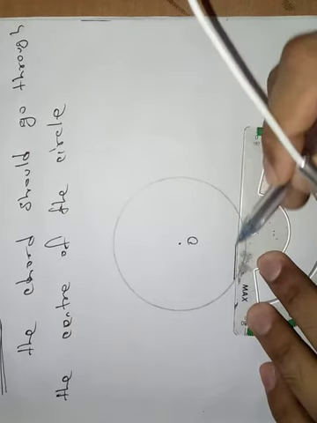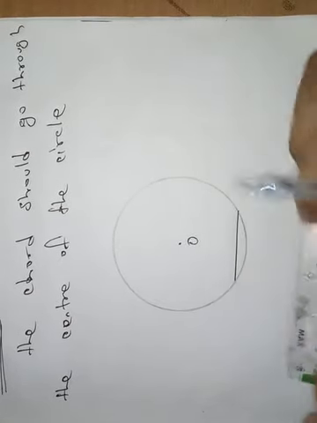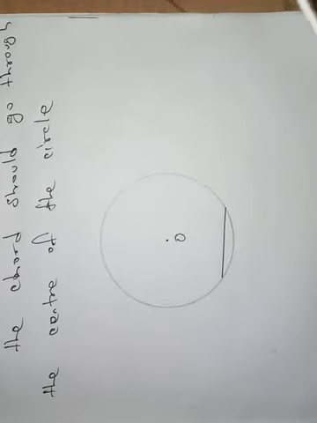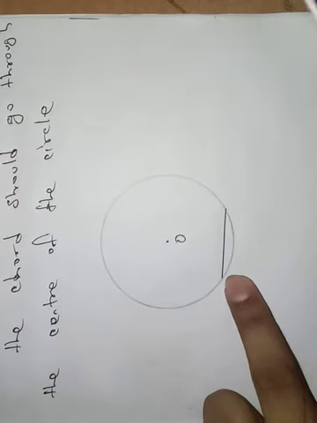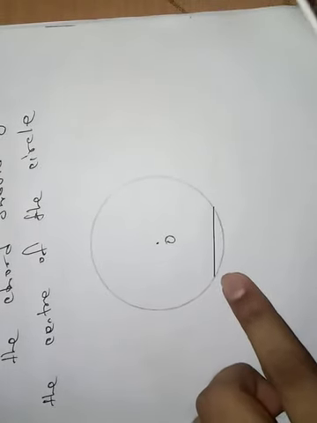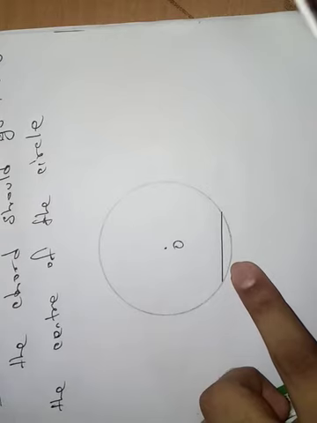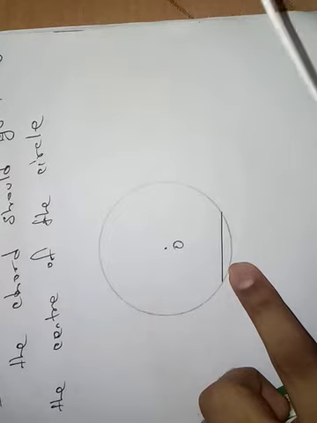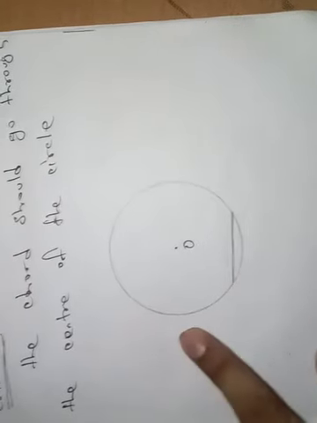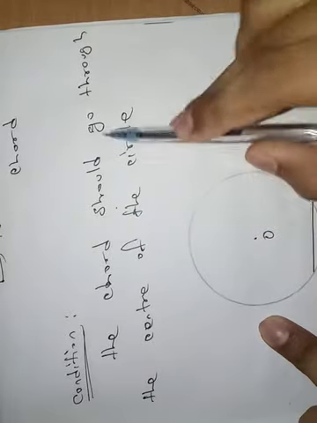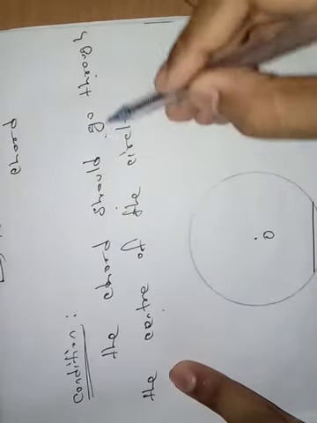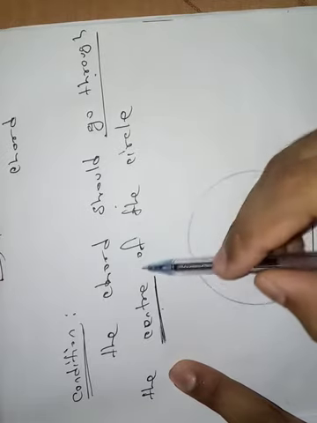Let us join these two points, and we have got a chord. Now we can't call that chord a diameter, because to be a diameter, the chord should go through the center of the circle.